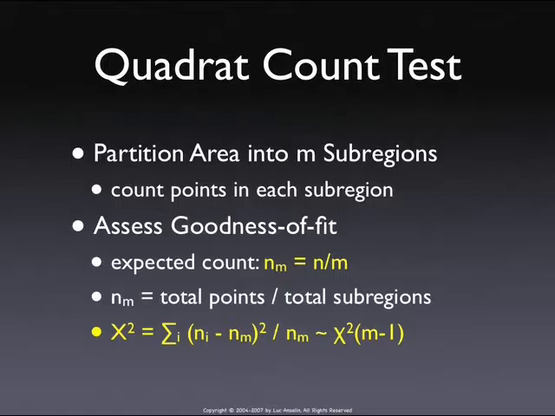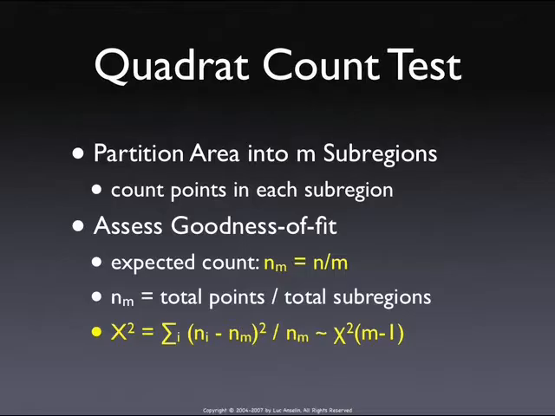In that, we're going to create a grid over the points of a bunch of squares or rectangles, and count in each of these grids how many points there are. And we'll compare that to how many points should be there on average.